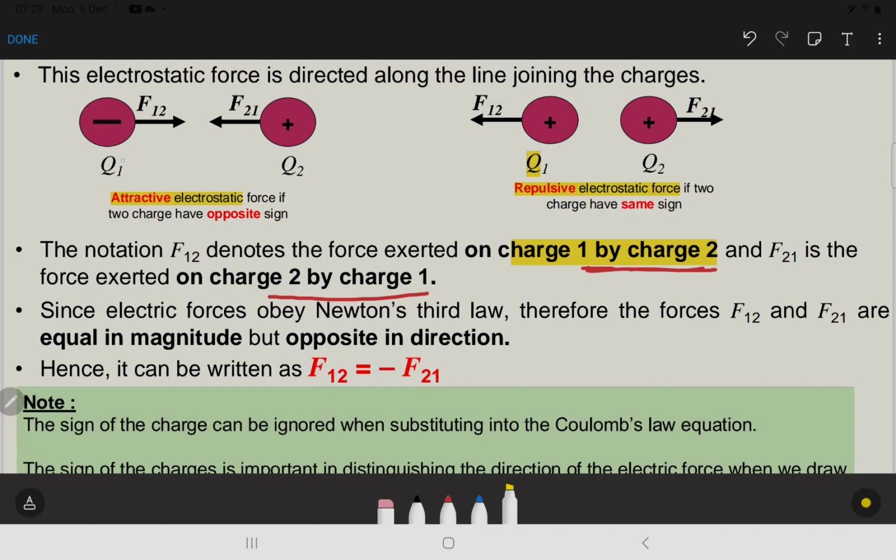That means Q1 will be attracted to Q2, and Q2 will be attracted to Q1 because they are opposite charges. And here, 2 will repel 1, and this one also will repel. The conclusion is: same magnitude but in opposite direction.